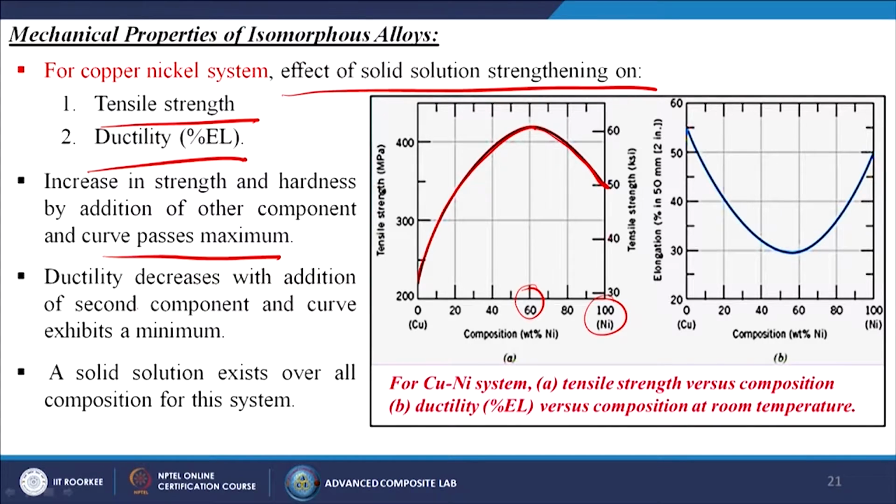Ductility decreases with addition of the second component and the curve exhibits a minimum. A solid solution exists over all compositions for these systems. In this case also, the elongation at break at 0% nickel was the maximum, then it drastically reduces at 60%, and then slowly increases again at 100% nickel.